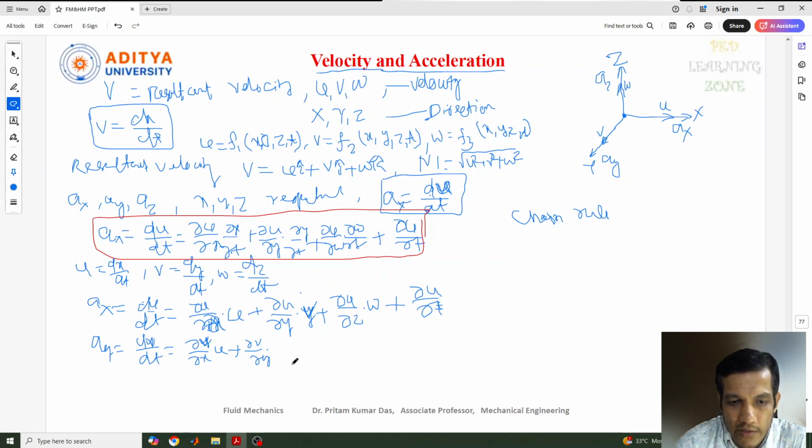Carefully we need to write these values, del v by del y into v again, and then u into del v by del x, plus v into del v by del y. Now all these things will be v terms only, correct.